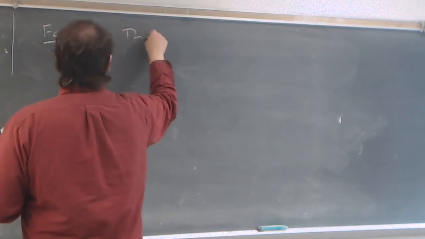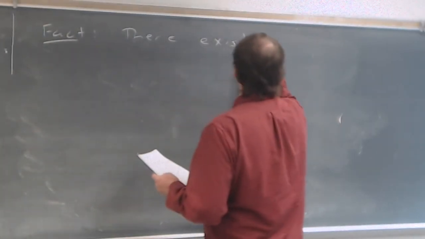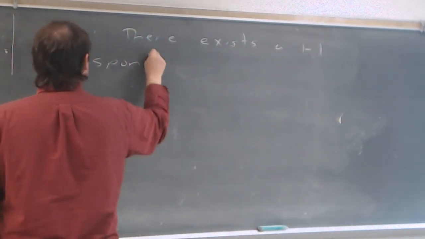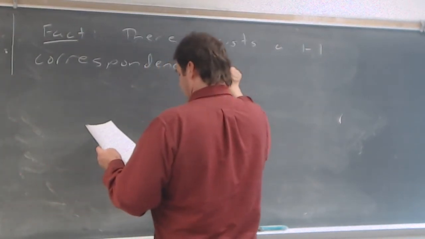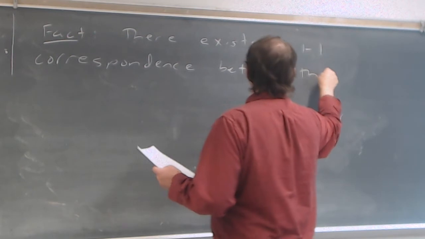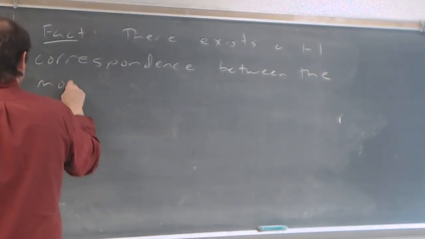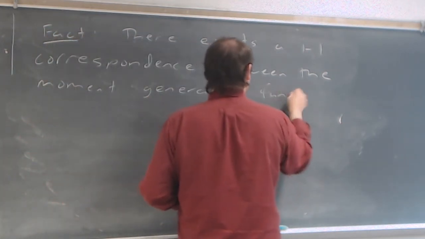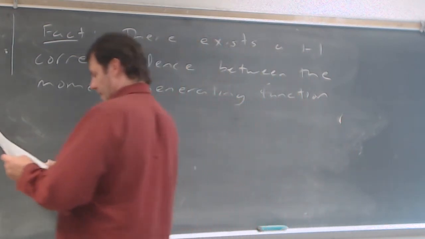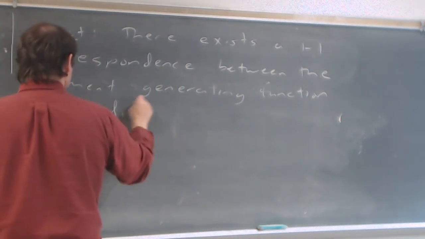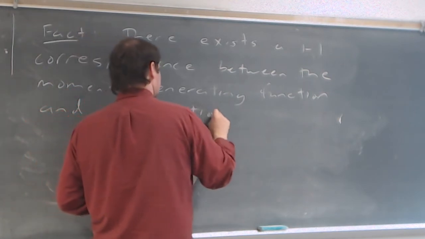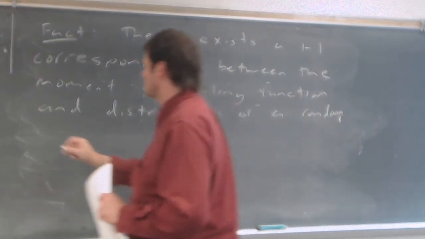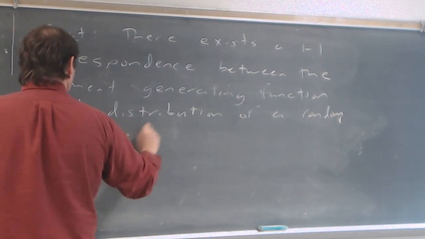It says there exists a one-to-one correspondence between the moment generating function and distribution of a random variable X.